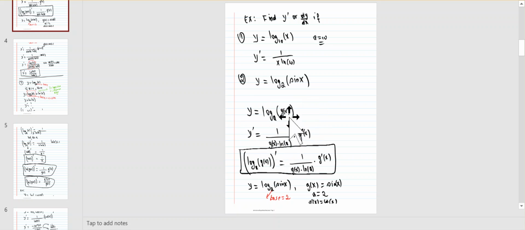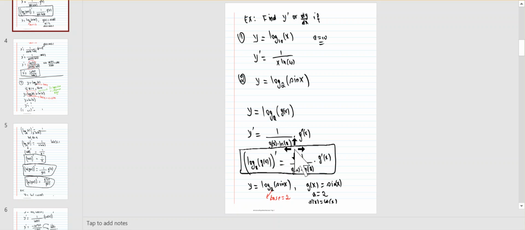If we have something like this, what is its derivative? When you take the derivative of this, log base a is the outer function, and g of x is the inner function. So here we apply the chain rule. First, you take the derivative of log base a and evaluate it at g of x. The derivative of log base a is 1 over g of x times ln of a.